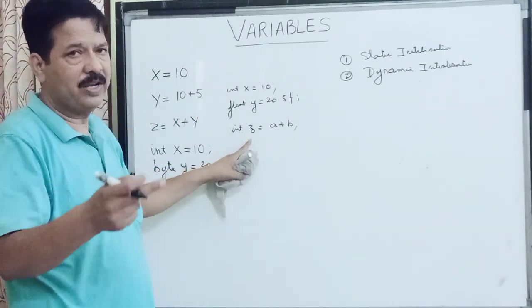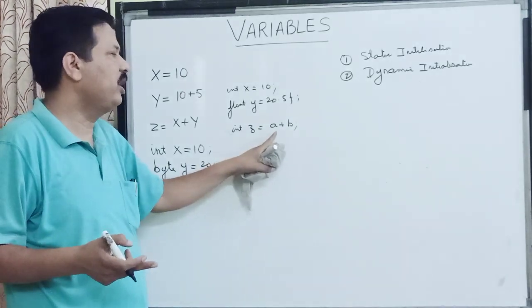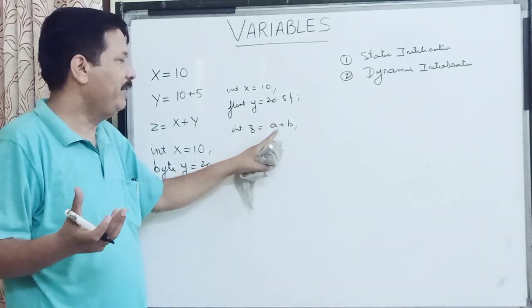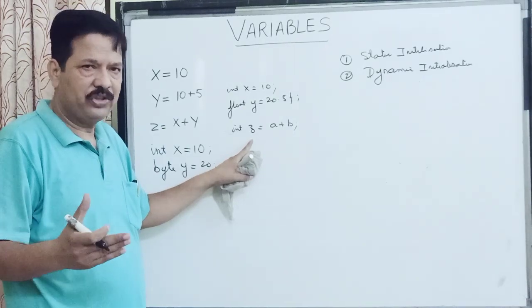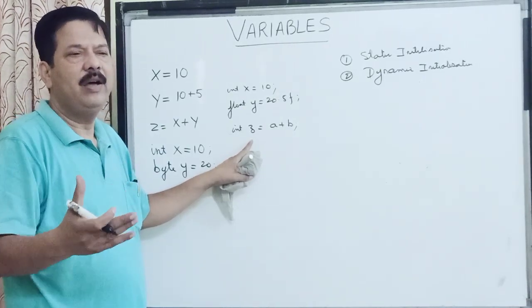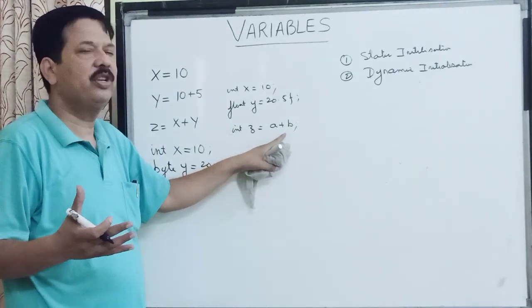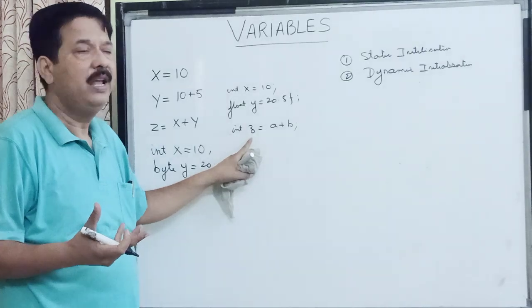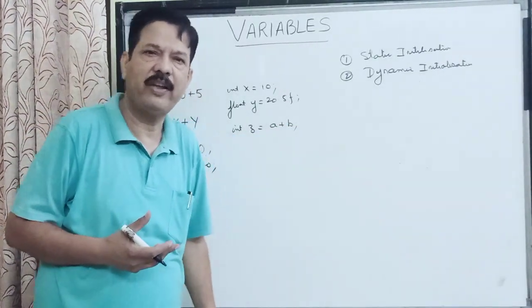The program is compiled, then the program is executed, and after execution this expression is solved and you get a result, and that result gets stored in z. So the initialization is done after the program gets compiled and executed, and when this expression gets evaluated, that evaluated value gets stored into z. This type of initialization is called dynamic initialization.